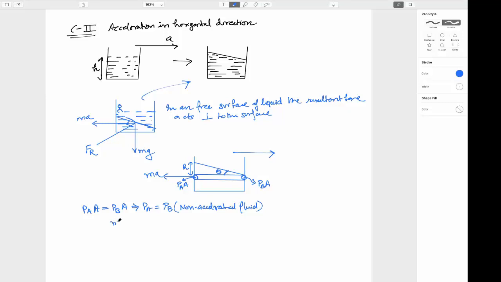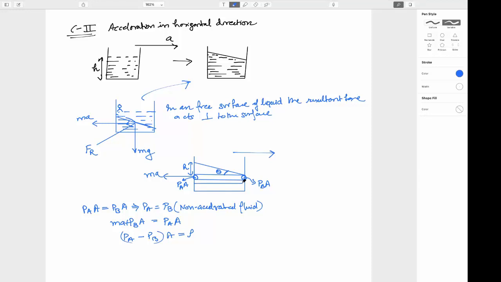So ma plus PB into A is equal to PA into A. So (PA minus PB) into A comes out to be mass into acceleration.